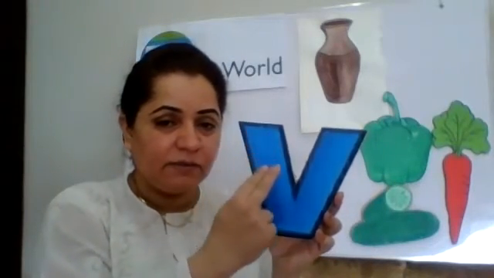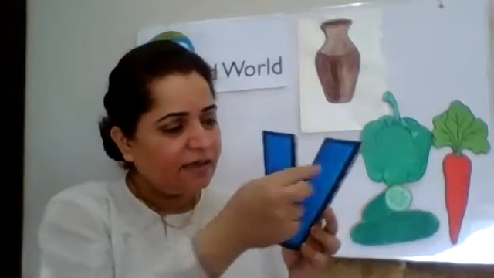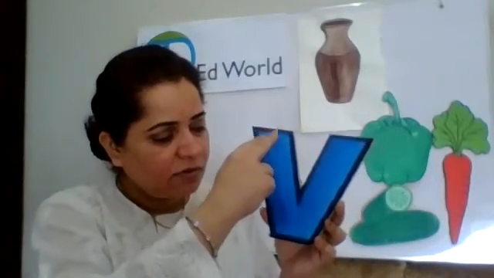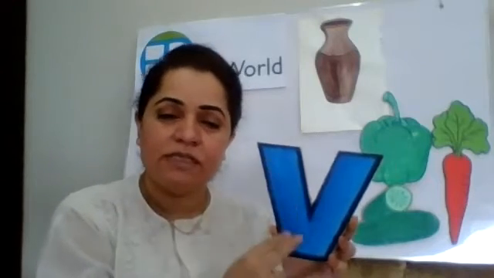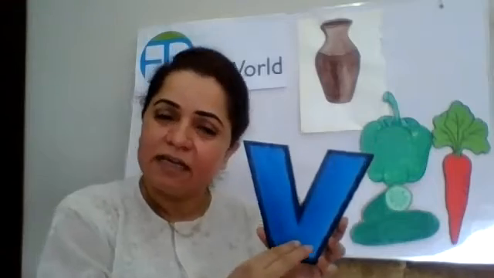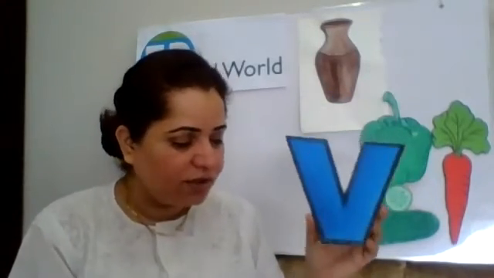So there are only 1 and 2 strokes in V, very easy. There are 2 diagonal lines, all diagonal lines. We are going to come down, and then we're going to go up. Come down and go up.